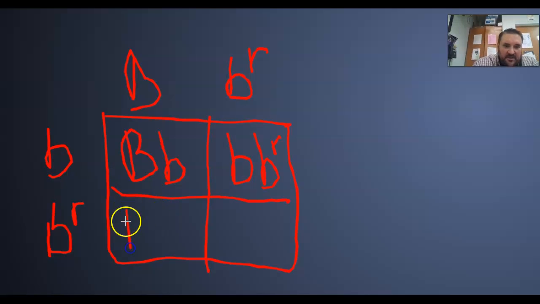This offspring here would have dark hair and carry the red hair gene. And last but not least, I have two red-headed nephews. And the only way to have red hair is to be homozygous red.